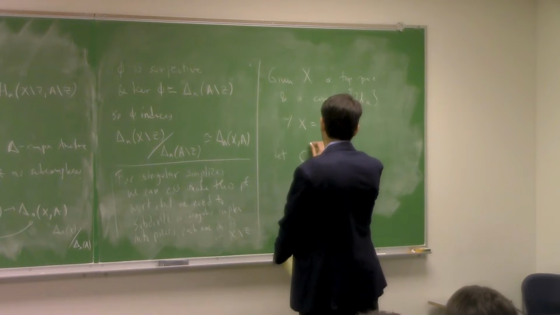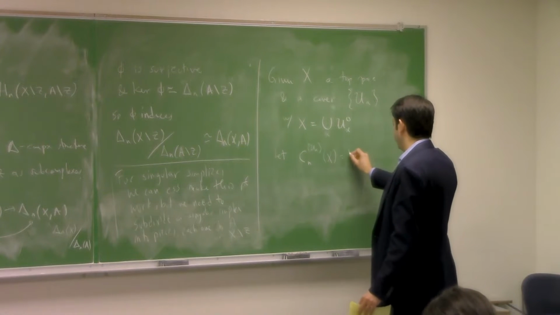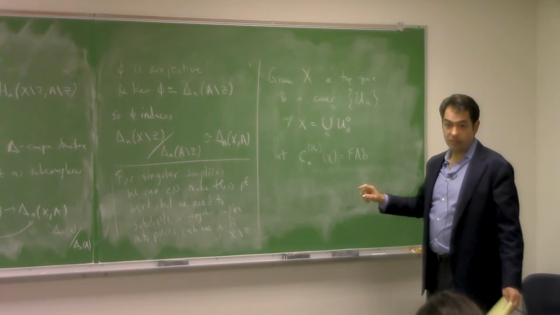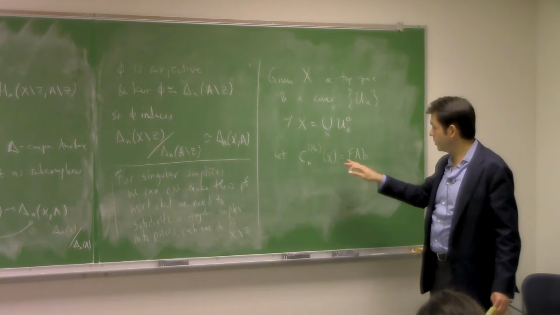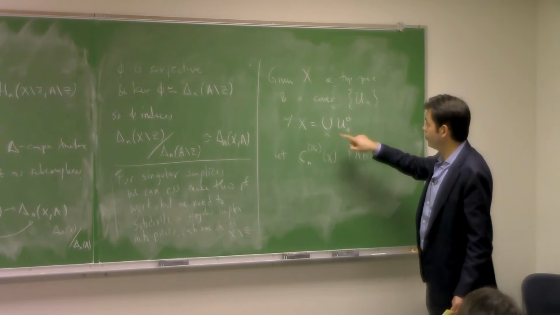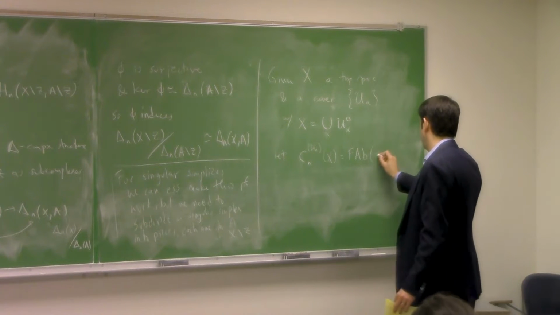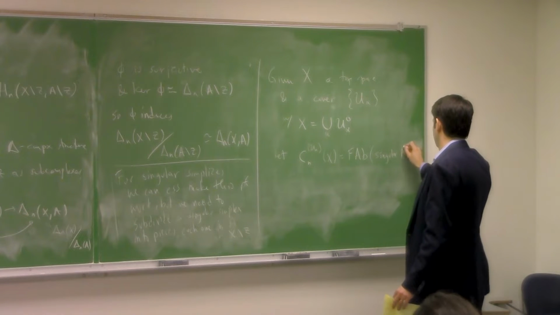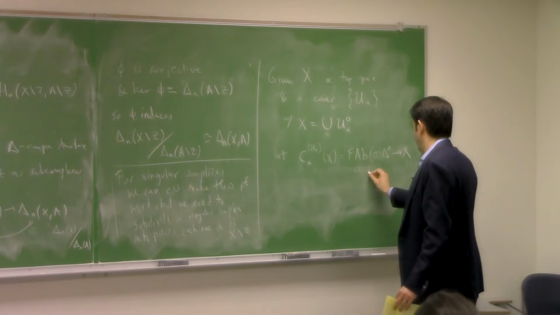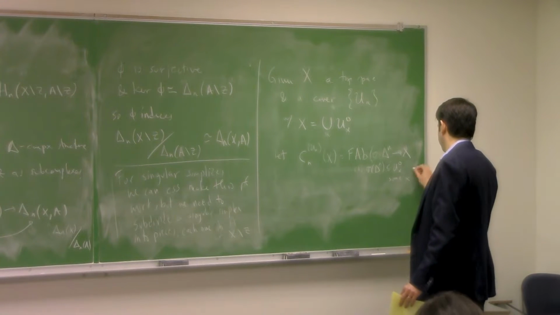Let C^U_alpha(X) be... So remember that the nth chain group of X is the free abelian group on all of the singular simplices mapping into X. Now we're going to take the free abelian group on all of the singular simplices whose image lies in the interior of one of these sets, such that the image is inside the interior of U alpha for some alpha.